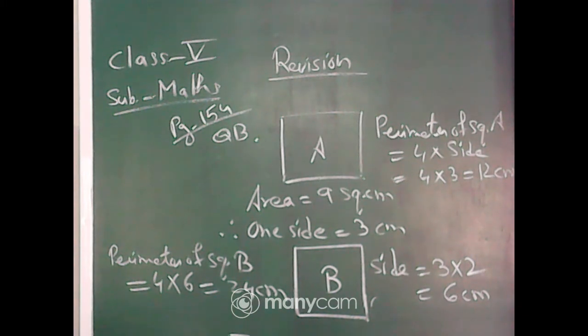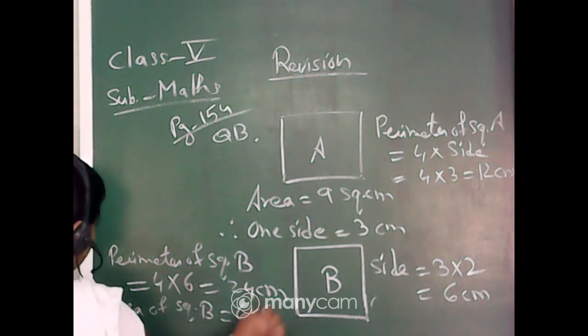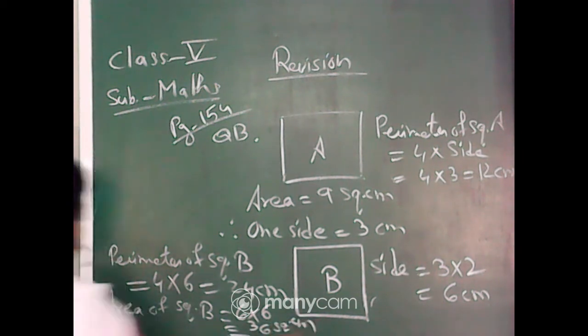Similarly, area of square A is given already, 9 square centimeter, and area of B will be 6 into 6, 36 square centimeter. Area of square B is equal to side into side, that is 6 into 6, 36 square centimeter. So you practice these questions also.